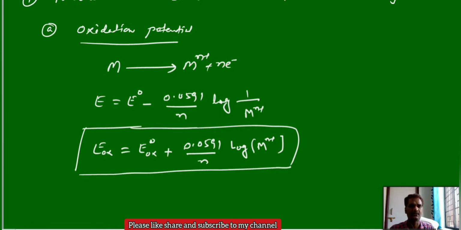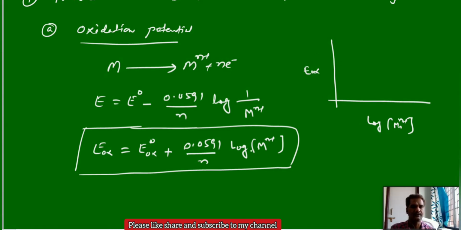But here temperature is constant, we are varying only the concentration, and if you draw a graph, sometimes they may ask you the graphs. If you take the graph of E oxidation potential versus concentration of the electrolytic solution, how will you get the graph? The graph looks like y equal to mx. So you will get the graph like this.